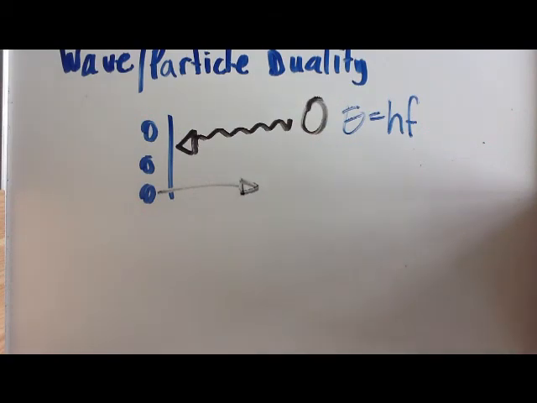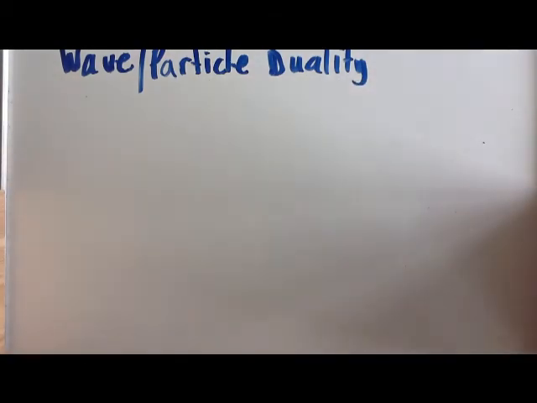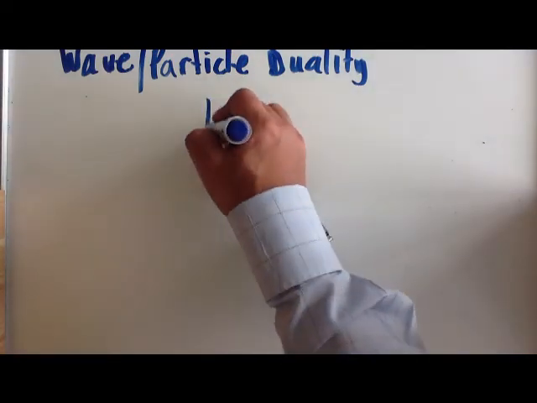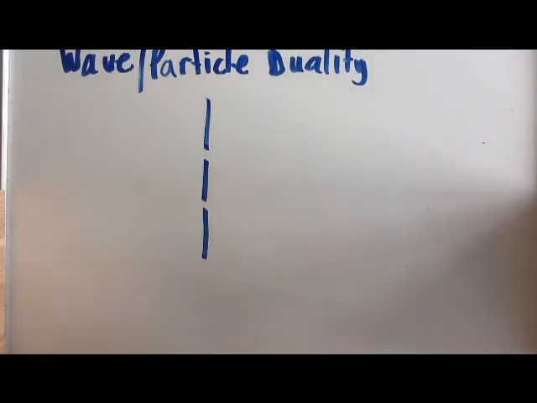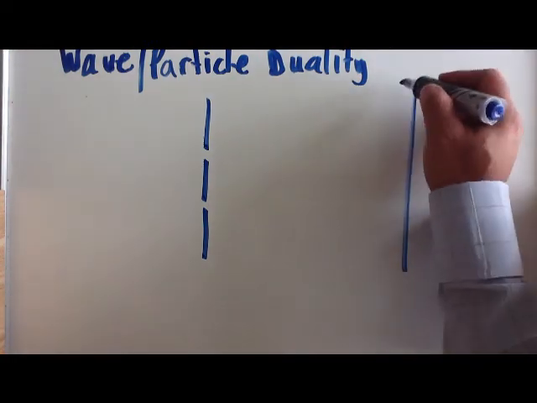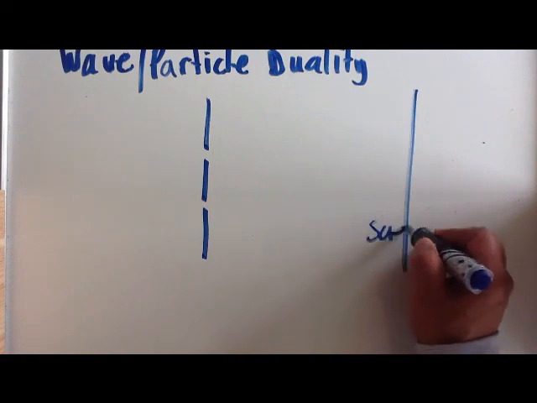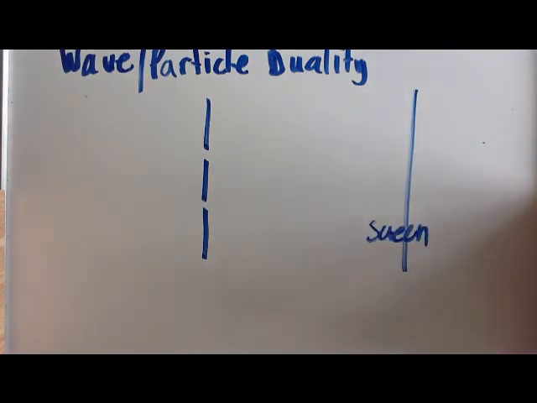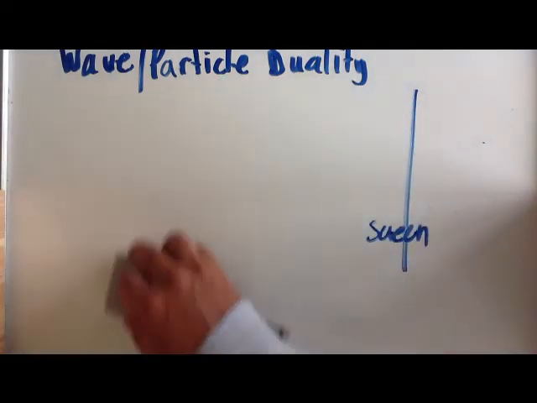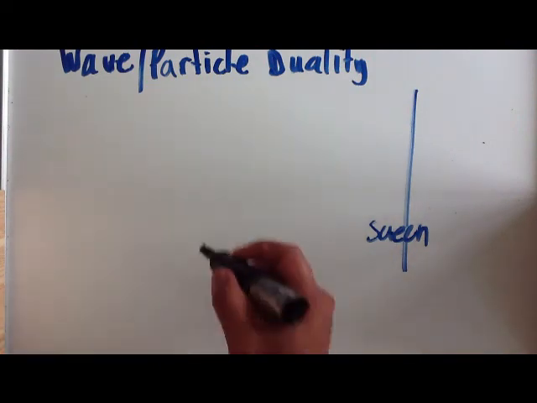Light as a wave we can observe when we pass light through the double slits in the double slit experiment. And what we see occurring on the screen is an arrangement of light and dark bands.